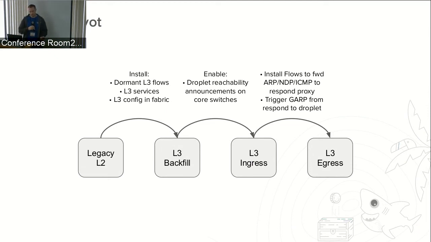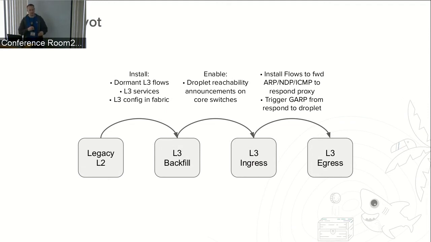Going from L3 backfill to L3 ingress, we enable the reachability announcements on the core switches. OvS DB has all of the IP addresses for the droplets, and those are aggregated by announce, but they're in a no-announce state, essentially.